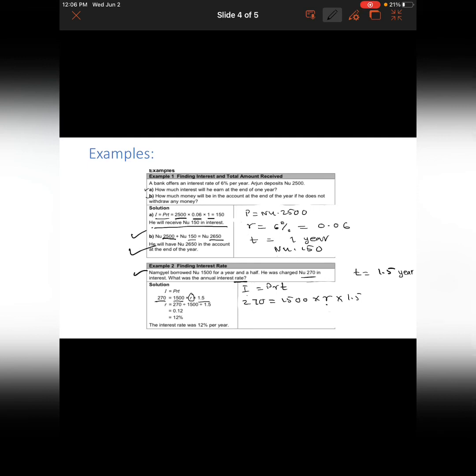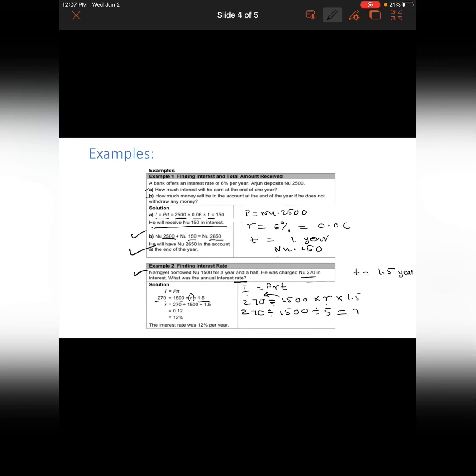The unknown value you will keep in one place. You have learned that when numbers change position, they change their sign. Since these values are going to come this side, multiplication changes into division. Again, this is multiplication, so it changes into division.